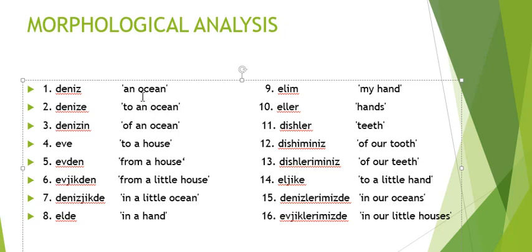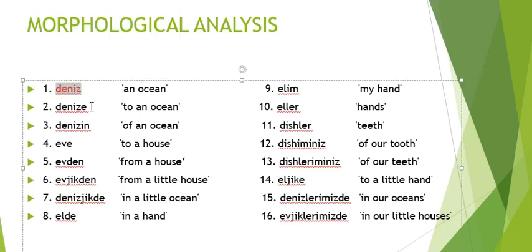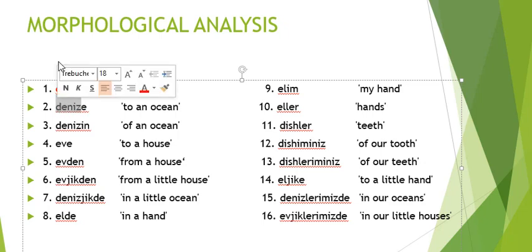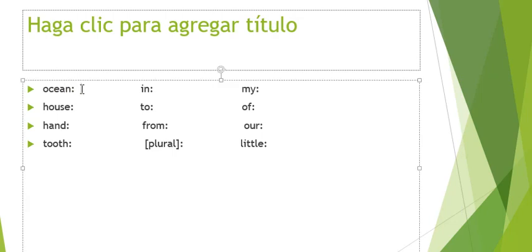Then if you look at the words carefully, you can notice that what these three words have in common is the word deniz. Okay, and the other expression is denizim. What they have in common is deniz. So that means that an ocean or ocean in Turkish is the word deniz. So that is the answer for number 1, deniz.